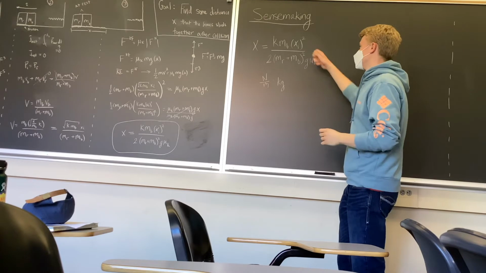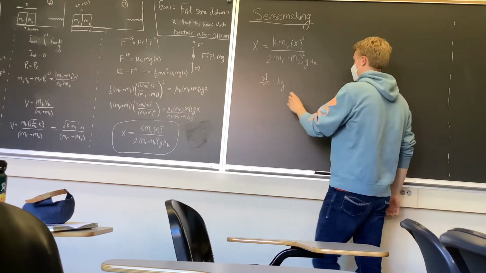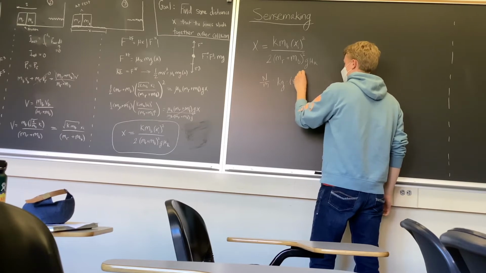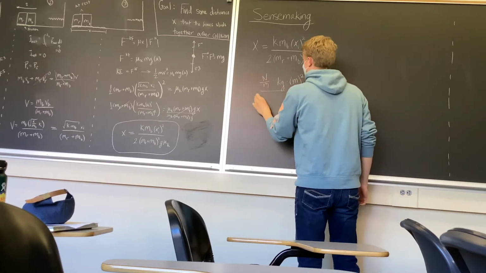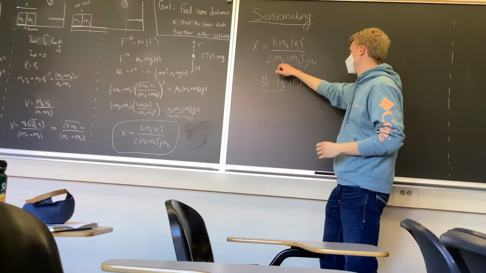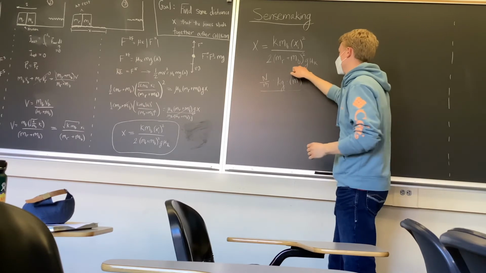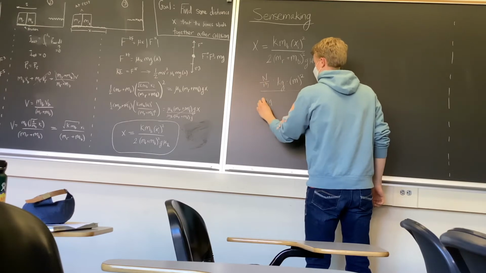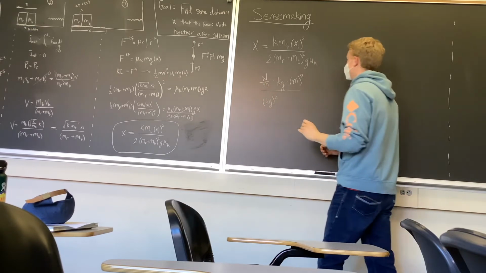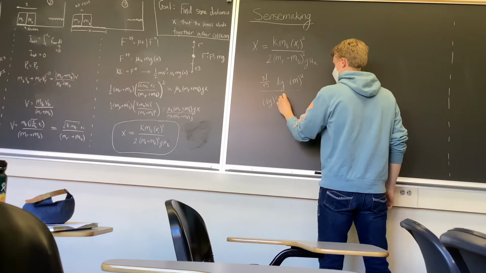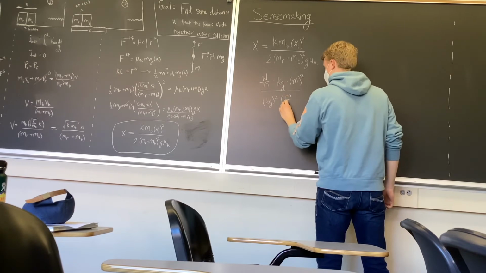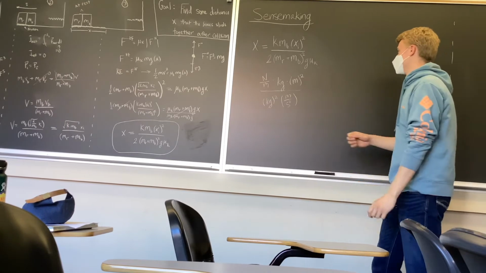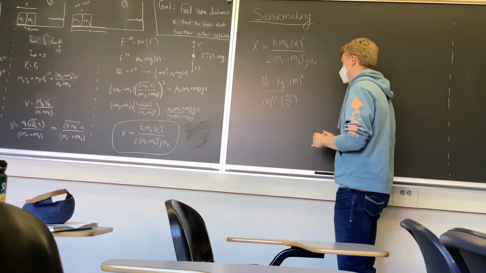Xi is the initial distance the spring is compressed, so that's a displacement, in meters squared, and that's all over these masses, which are both kilograms, and that's squared. Then we have gravity, which is meters per second squared, an acceleration, and our coefficient of friction is unitless.